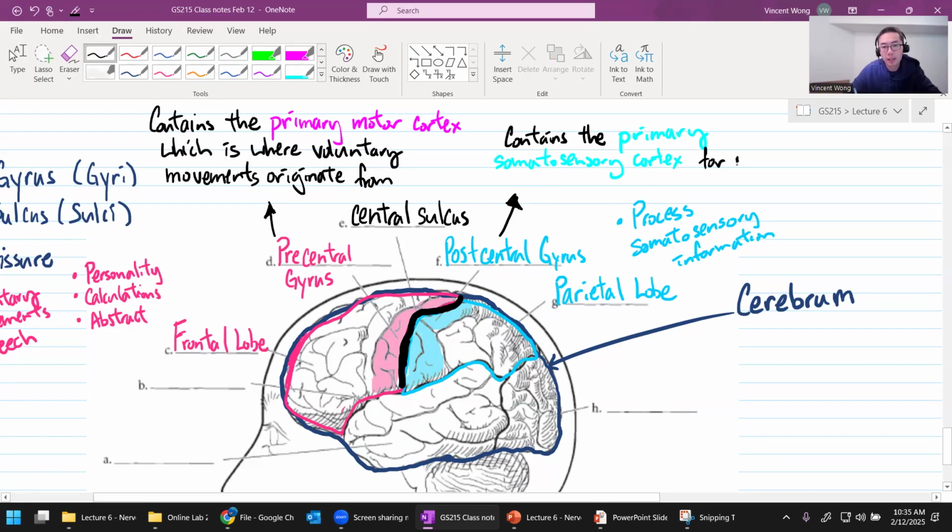for interpreting body sensations, I guess, e.g., touch, pain, temperature.